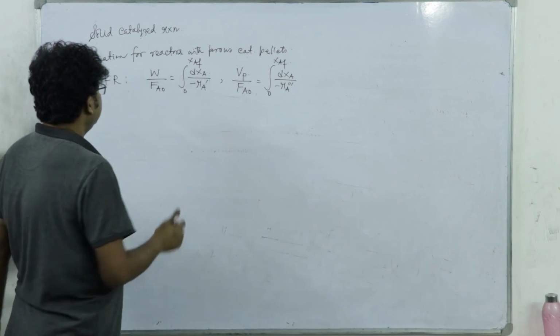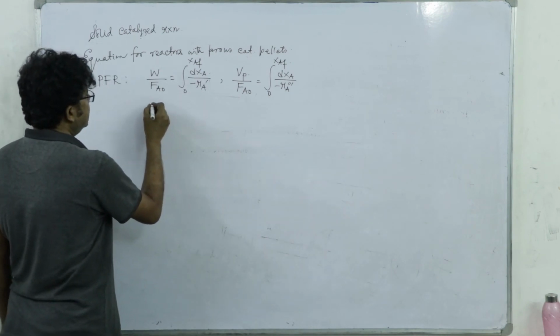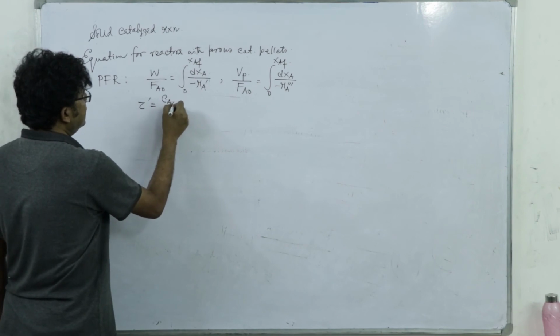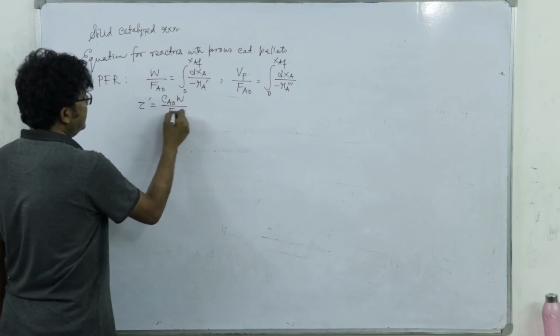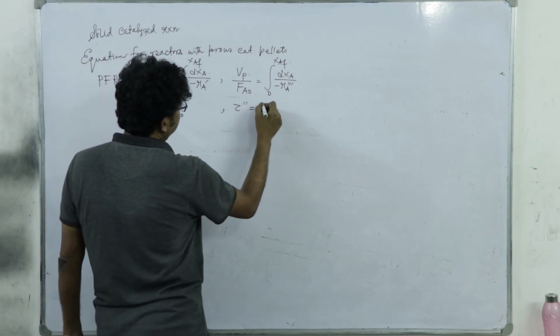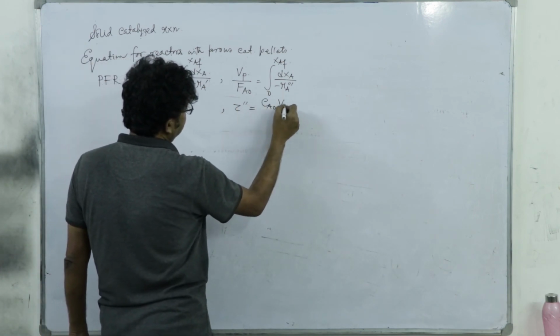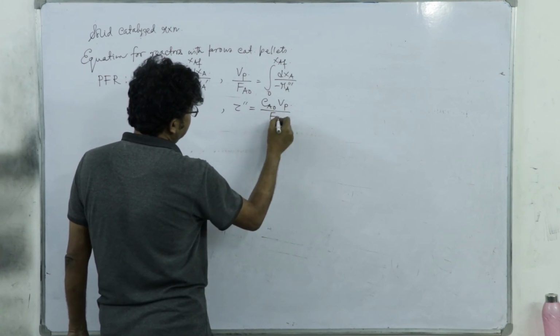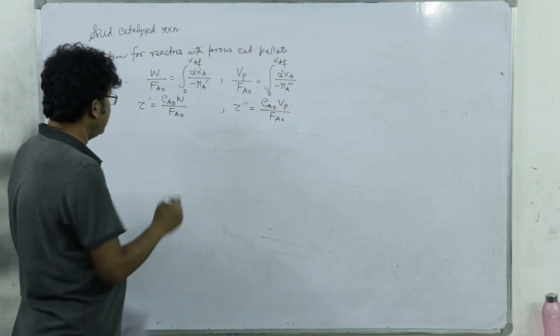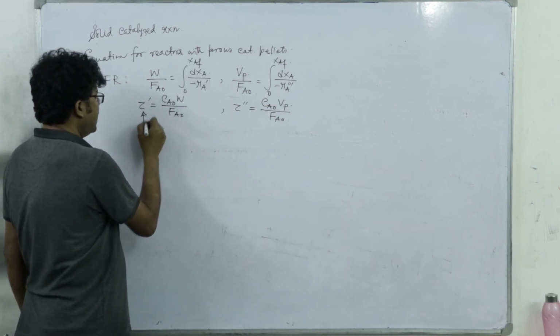You see that here tau prime is equal to Ca naught into W divided by Fa naught, and tau double prime is equal to Ca naught into Vp by Fa naught. They are referred to as weight time and volume time. This is not the space time.